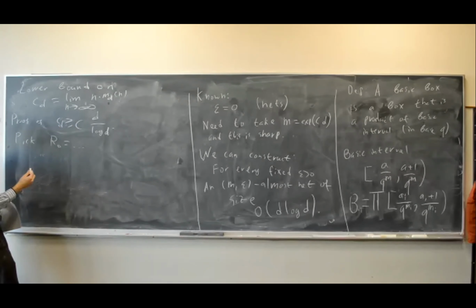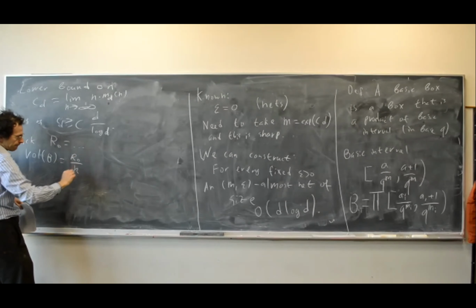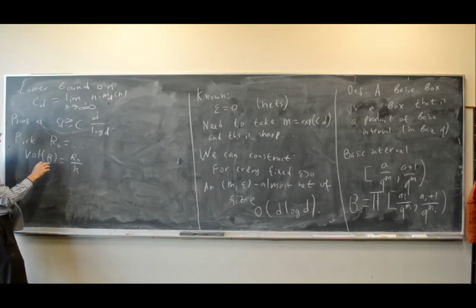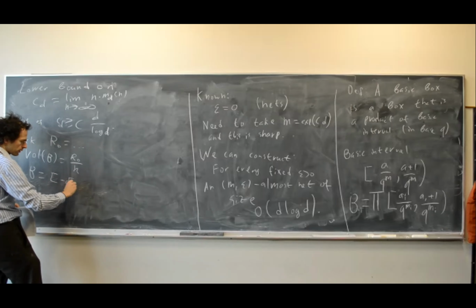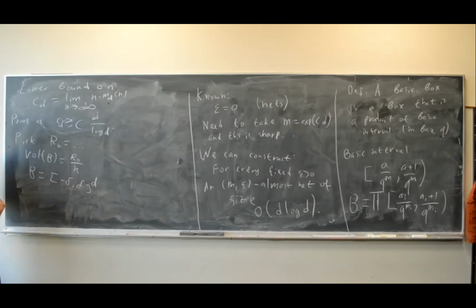And I'll make this box centered at the origin. So my B is going to be a box from minus delta to plus delta in R^d.